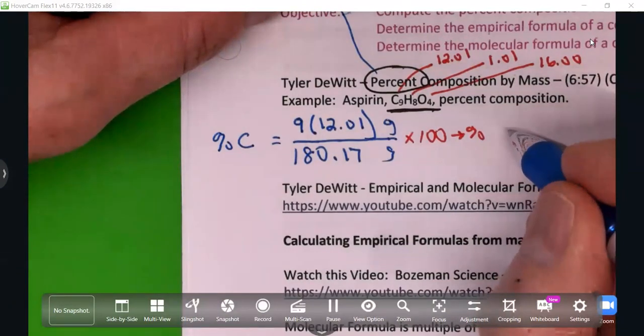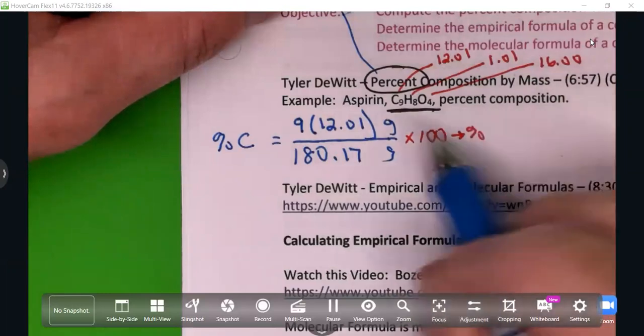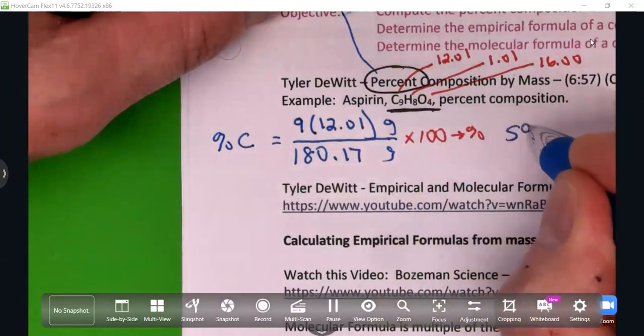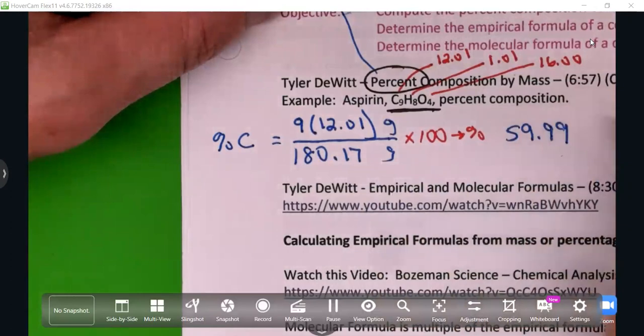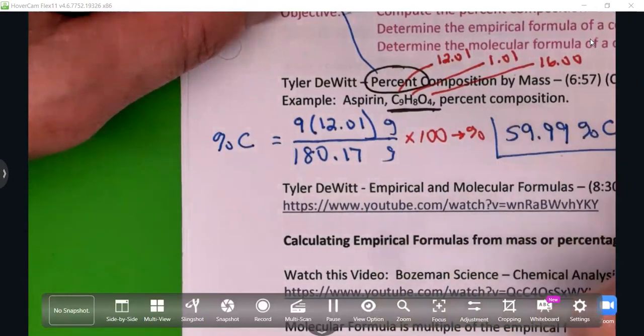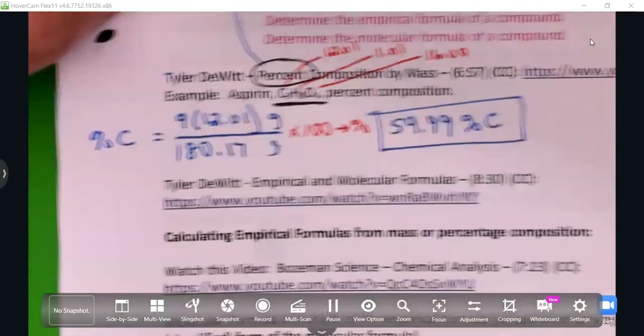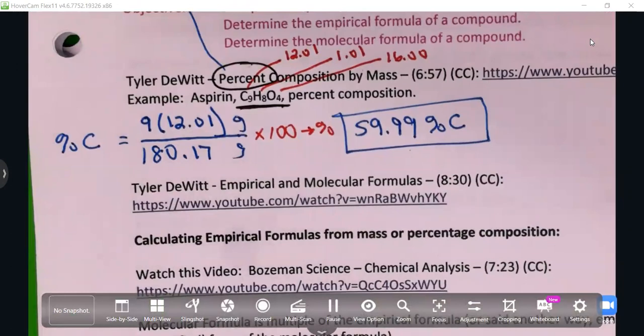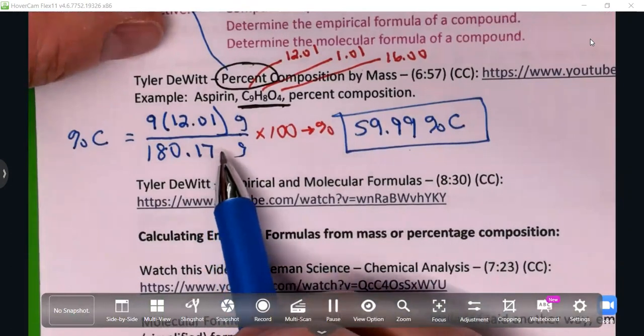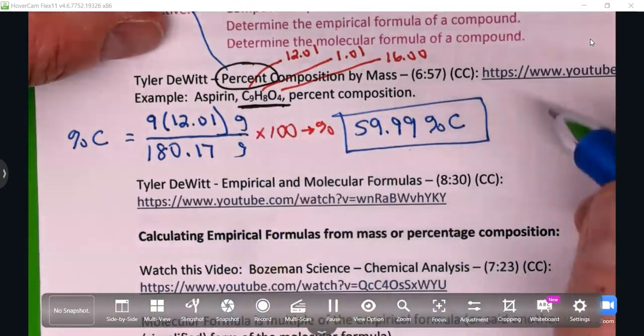Okay, 59.99. 4 sig figs. Yeah, we got to do it that way. 4 sig figs. 59.99. Okay. So 59.99% carbon. And then we might as well do hydrogen here.